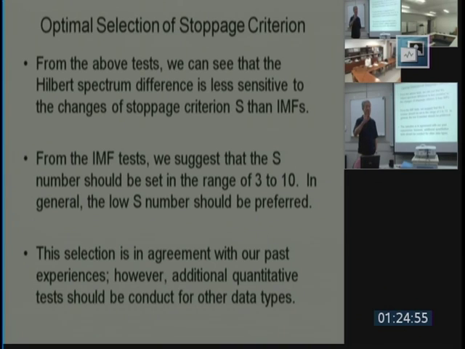I usually use 2 or 3. These selections are in agreement with our experience, but other data should be tried. Typically, when you have more noise and more intermittency, you'll have more problems in selecting the stoppage criteria.